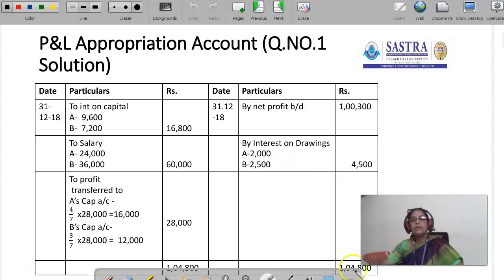If from 1,04,800 we deduct 76,800, we will get 28,000. That 28,000 should be distributed among the partners in their profit sharing ratio, that is 4/7 and 3/7, 4:3. 4/7 into 28,000 is 16,000. 3/7 into 28,000 is 12,000. In this way, we have to prepare the P&L appropriation account.